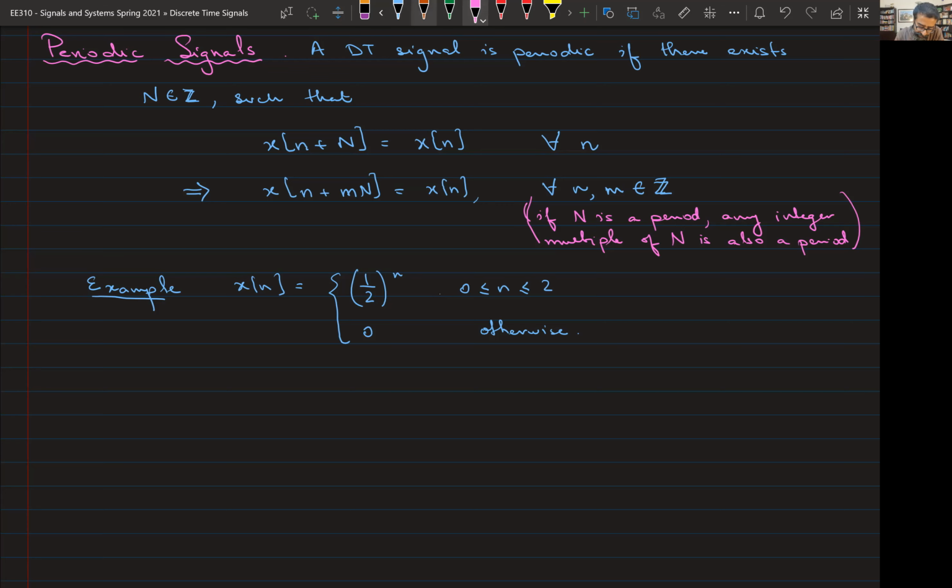If this is the n axis, the independent variable axis, this signal is going to be equal to 1 at n equals 0, then half at n equals 1, and then 1 by 4 at n equals 2. This height is 1, this is half, and this is 1 by 4. For all other values of the index n, this signal is 0, and it's not repeating itself.